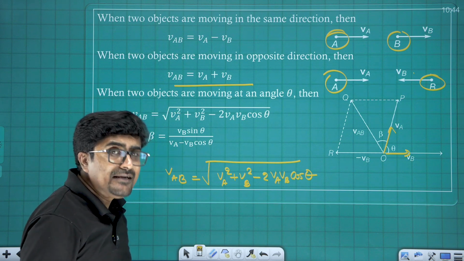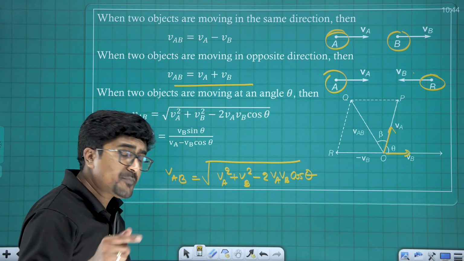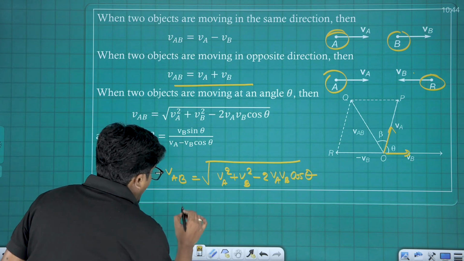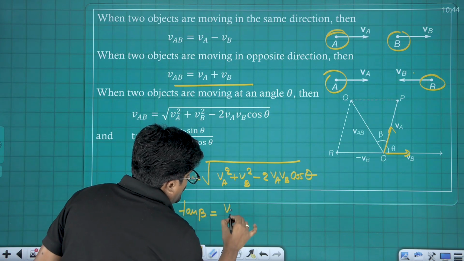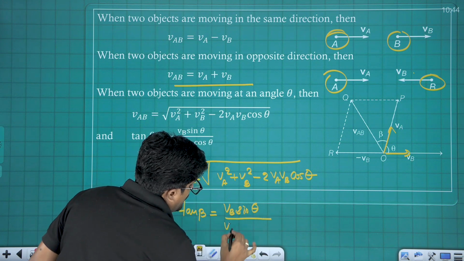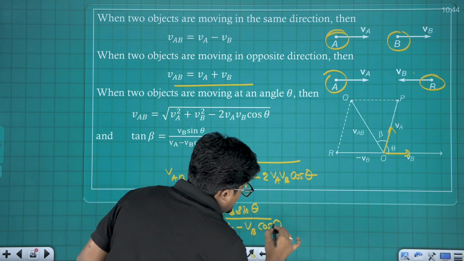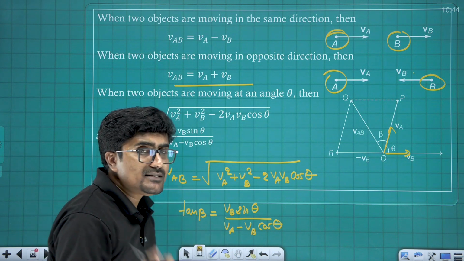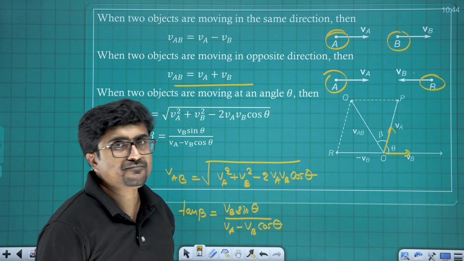And the angle the relative velocity makes with respect to A is given by tan beta equals VB sine theta upon VA minus VB cos theta, where theta is the angle that VB makes with respect to VA.